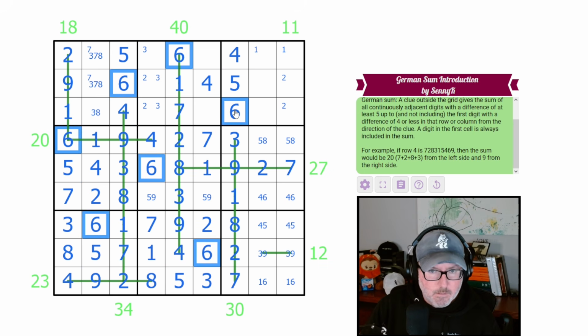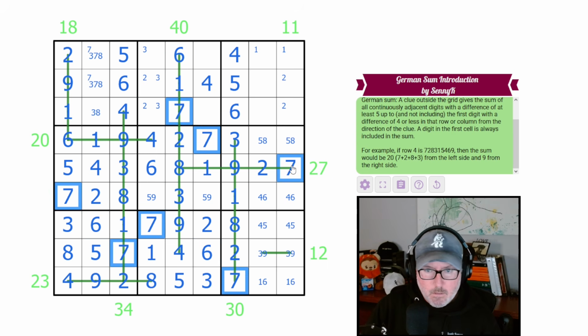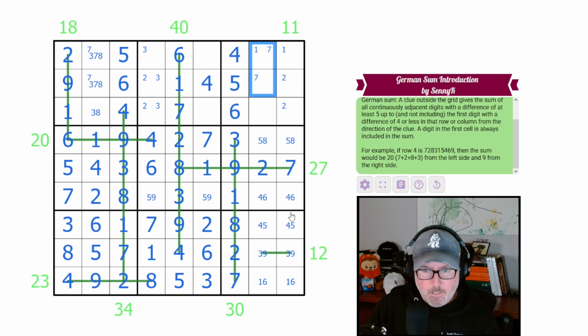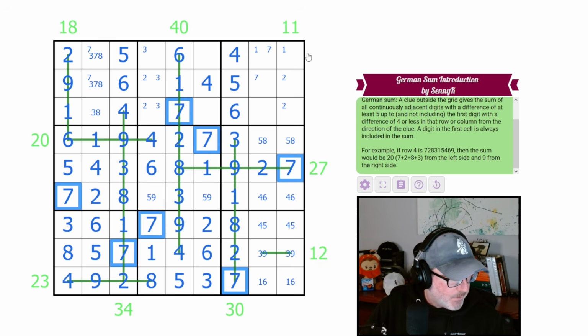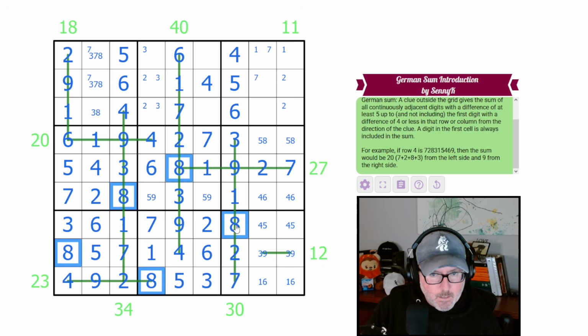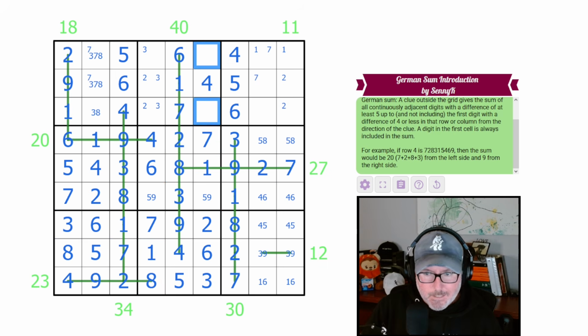Okay, sixes, 1, 2, 3. Sixes are in X-Wing. Sevens look like they're in X-Wing. Again, I'm going to put those in so we have the information. I will call them back after I finish this puzzle. One of these will be an 8.